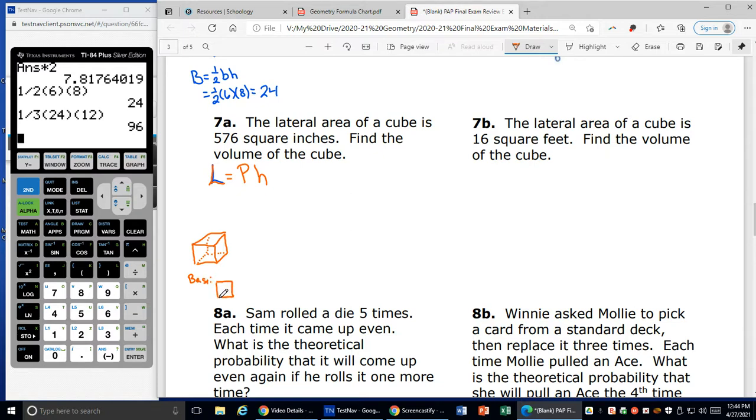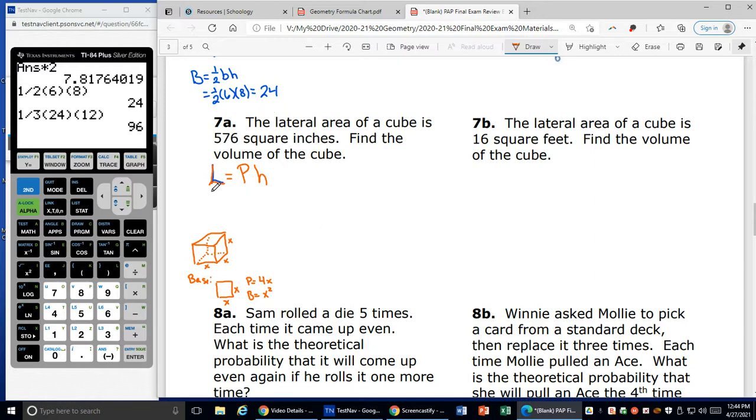I don't know how big the sides are, but I do know that they're all the same, right? This is x and this is x. And then if it's a cube, the height is also x, okay? The perimeter of this base would be 4x, right? Because it would be x plus x plus x plus x, since it's a square, because it comes from a cube. The area of the base would be x times x, or x squared.